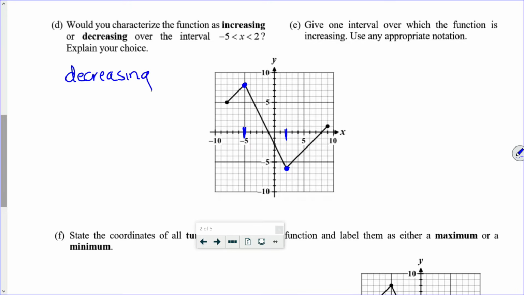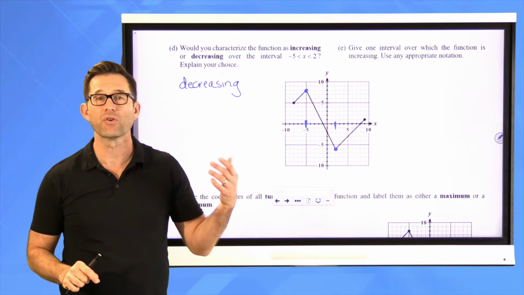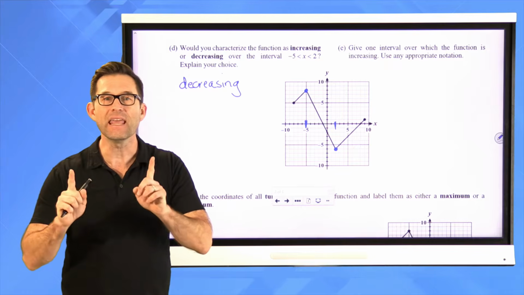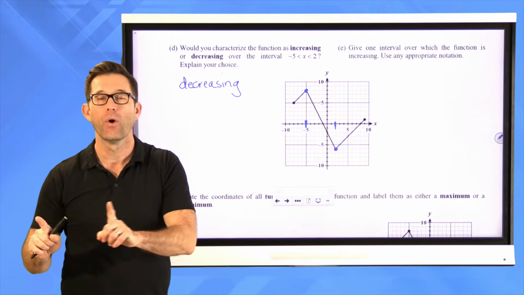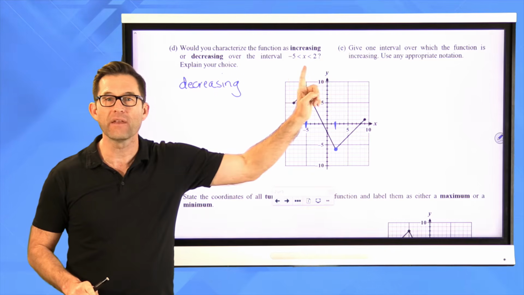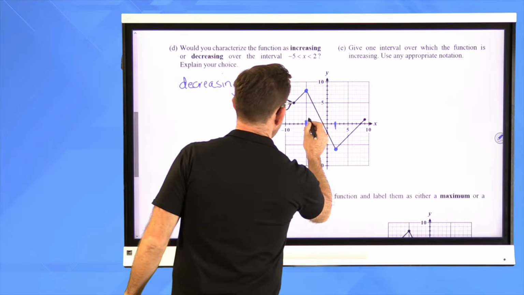All right? And the reason for that is very simple. What we're really asking when we ask whether a function is increasing or decreasing is, as the input increases, what is the function doing? So as the input goes from -5 to 2, what is the function doing? What are the outputs doing?